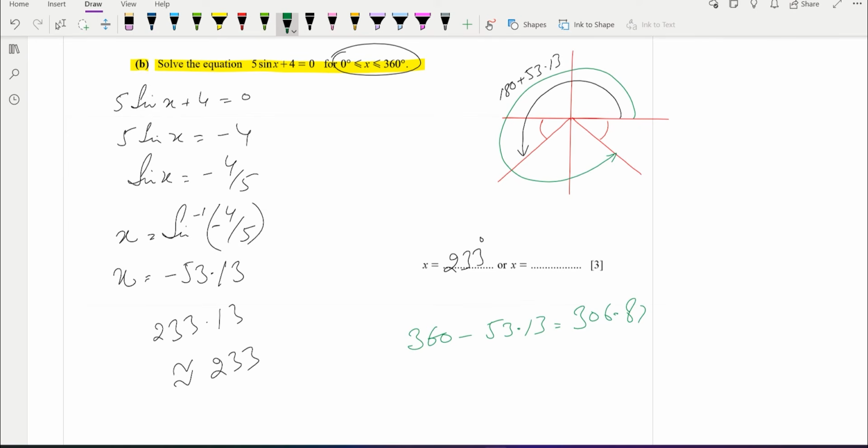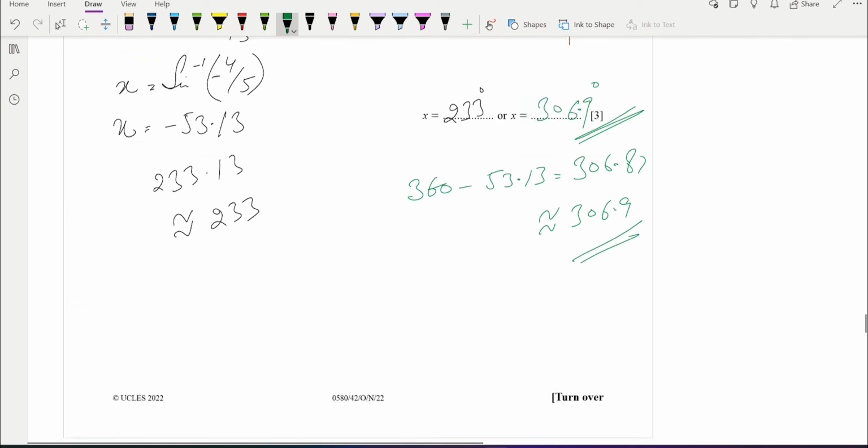So we can write it as 306.9 degrees, and this will be a 3 marks question. We can write 306.9 degrees. This will be your answer, and hopefully you understood this.